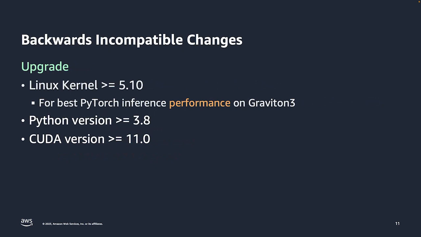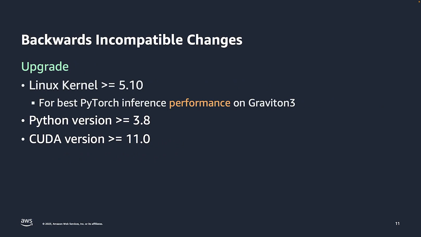So as I mentioned, PyTorch 2.0 is 100% backwards compatible, but there are some things that you want to be mindful of. The recommended Linux kernel is versions 5.10 and above. This is more so for performance, getting the best performance on Graviton 3.